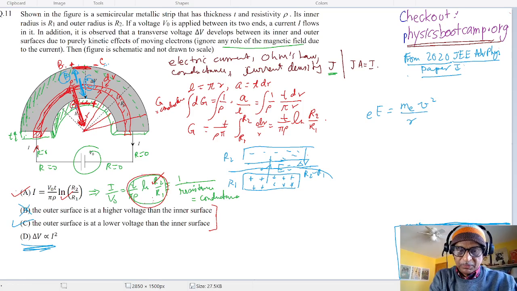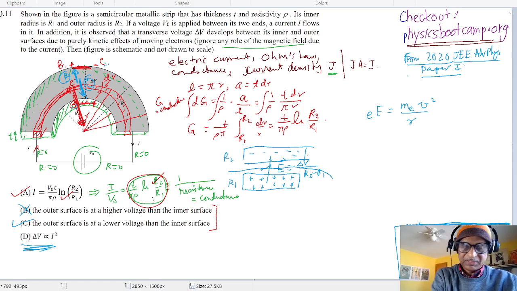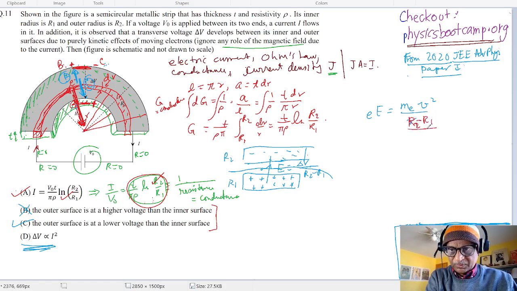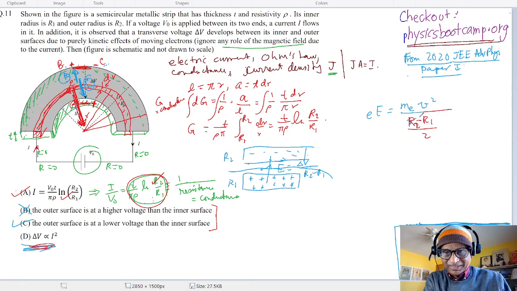What should we use for r? We're going to focus on, say, halfway, so R2 minus R1 over 2. That's the average effect, because we're just looking for dependence, not exact values. There are other ways of solving this problem, but this is a good enough hand-wavy way.